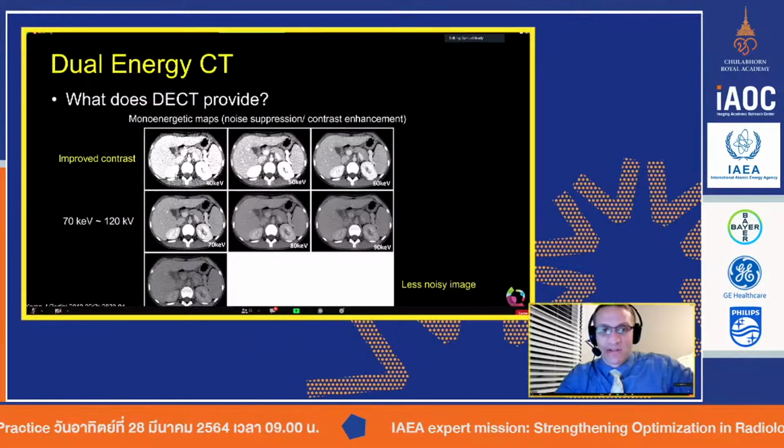What we simply can do to create these quote unquote monoenergetic maps is we just take a little bit of the low and a little bit of the high spectrum and we blend them together. If we have a lot more low, then the image will look like the lower monoenergetic maps.